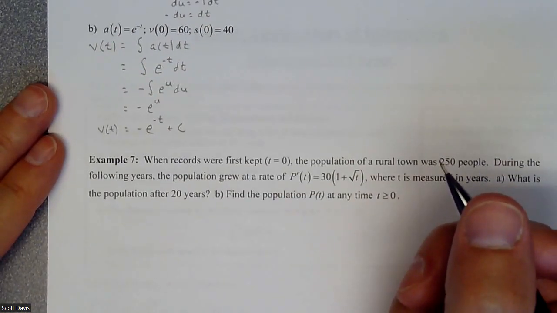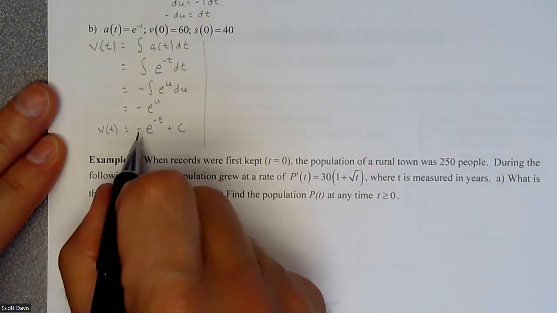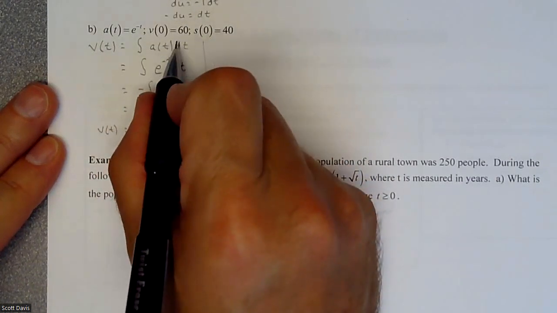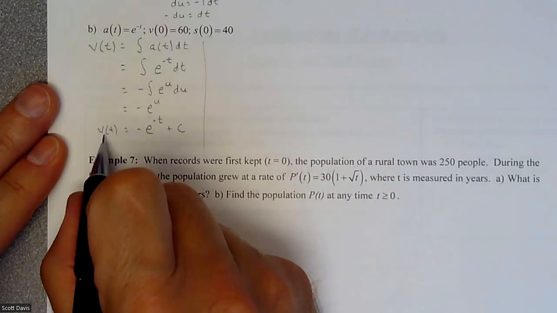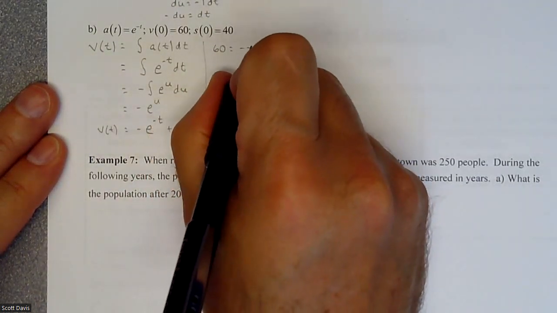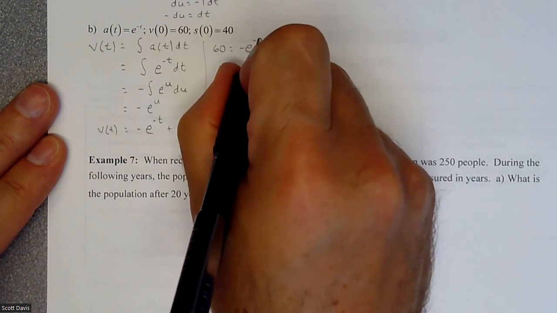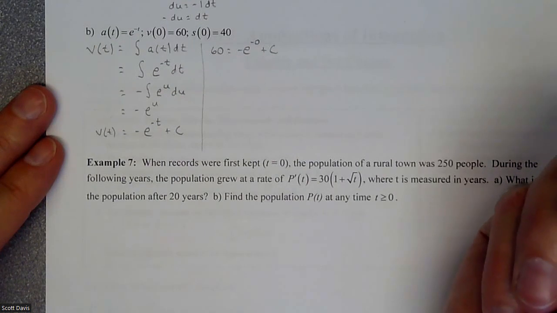All right. So from there, this is where I use this initial piece of information. At time 0, I'm going to plug in 0 for t and set it equal to 60. So 60 equals negative e to the negative 0 plus c. Now, the only piece missing is the c that I can solve for.